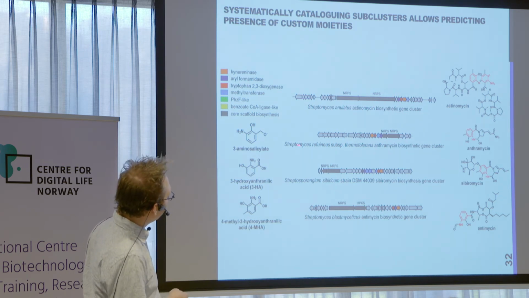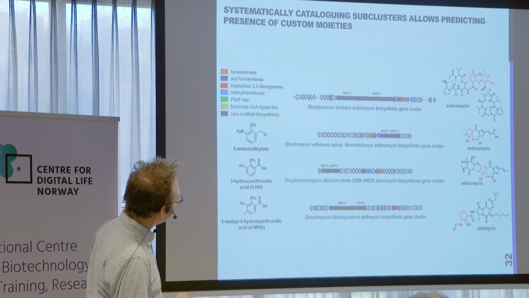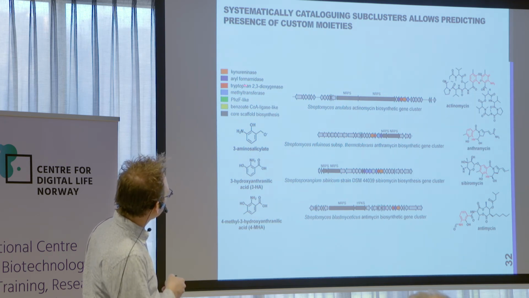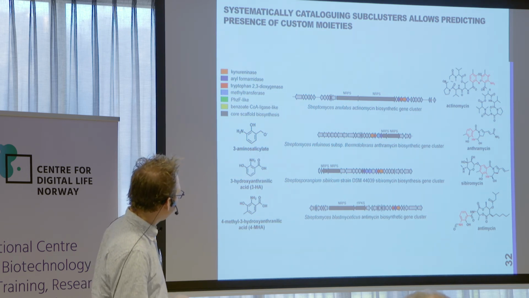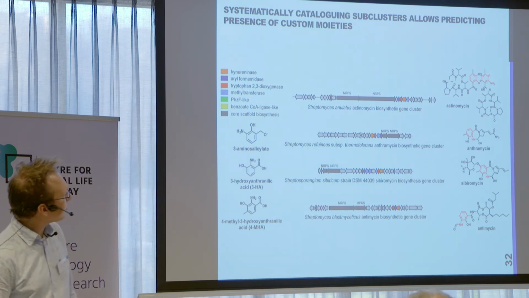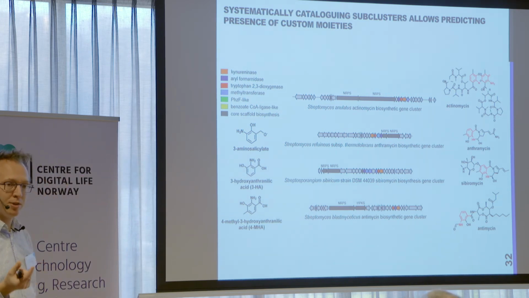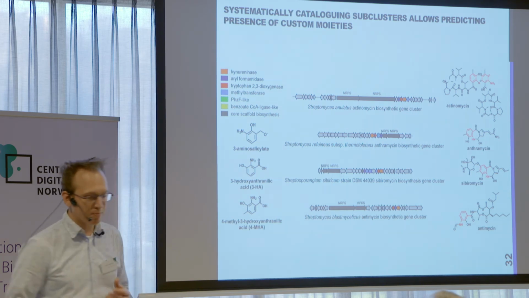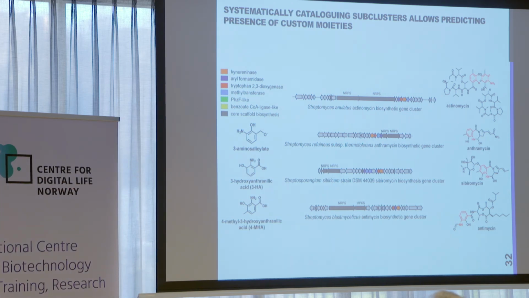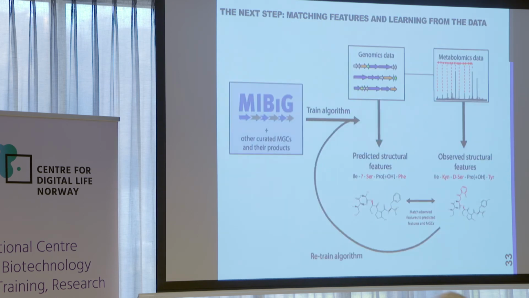So for example, we see here different variants of those subclusters that, for example, have or do not have these methyltransferases. And for example, having a methyltransferase or not would make the difference between this 3HA or the 4MHA. And using the variation between subclusters and substructures, we're now trying to automatically predict those chemical features.